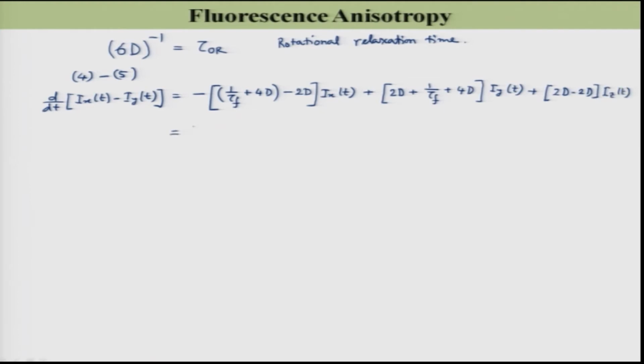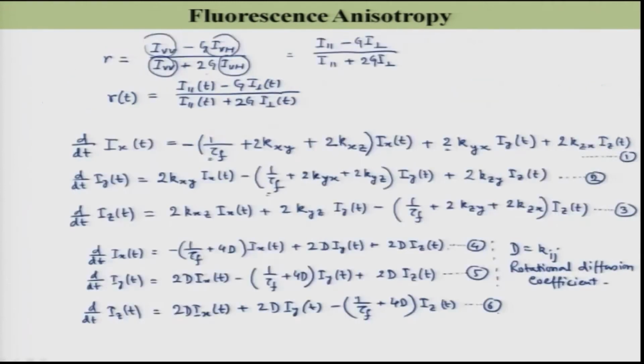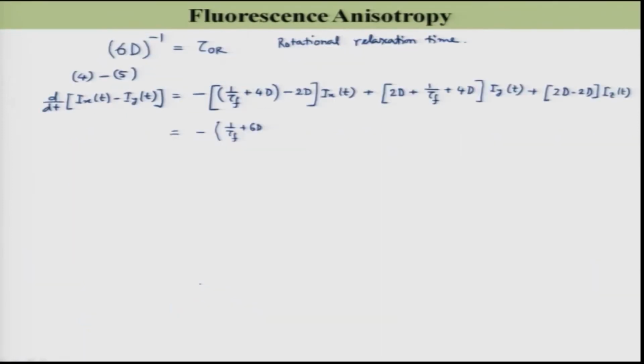So, if I do it, this will be equal to minus 1 over τ_f plus 6D. So, there is some mistake, yeah, minus 1/τ_f minus 4D minus 2D. So, then this should be plus.